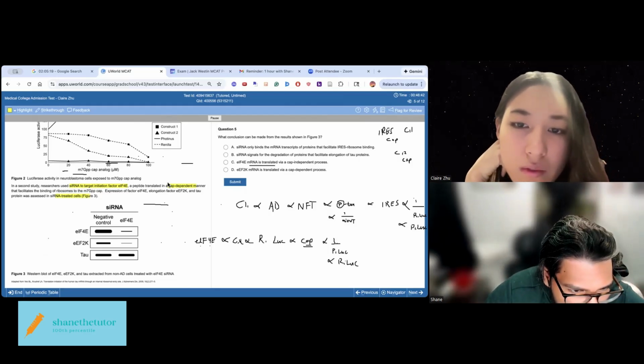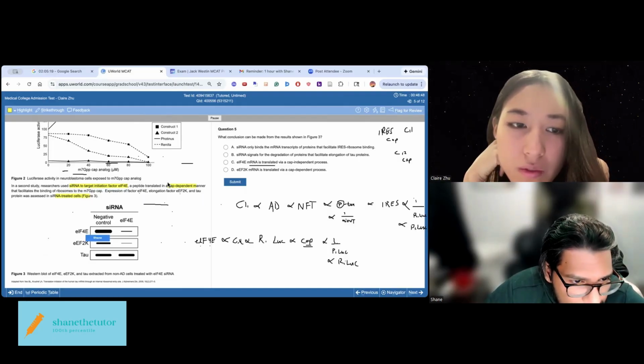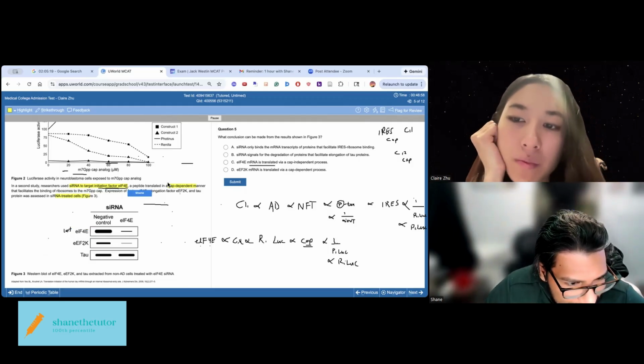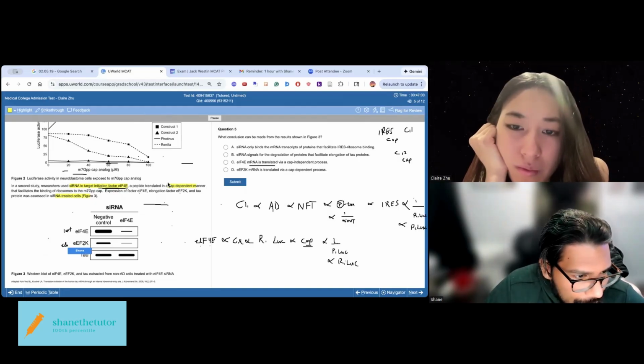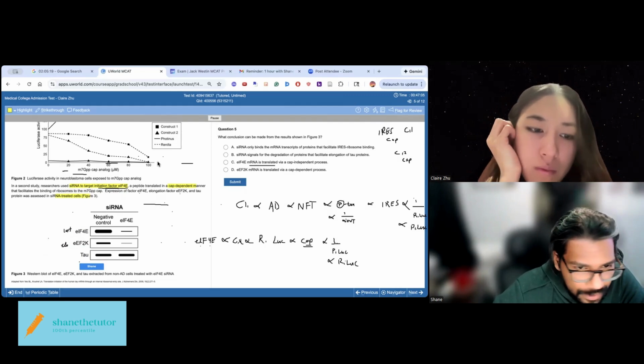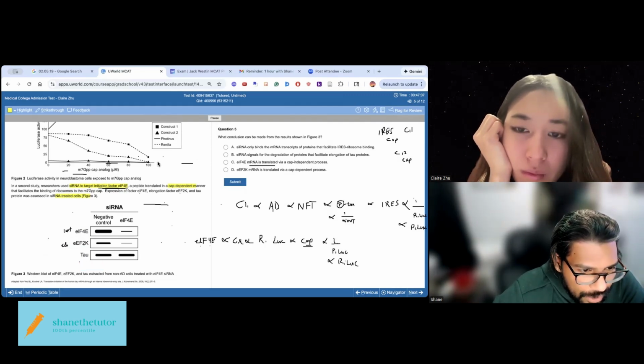Expression of this factor, elongation factor. Oh, okay, so this is the same as that. Elongation factor is this. So this handles the initiation factor, and then this is the elongation factor. And then tau, okay, in the siRNA.